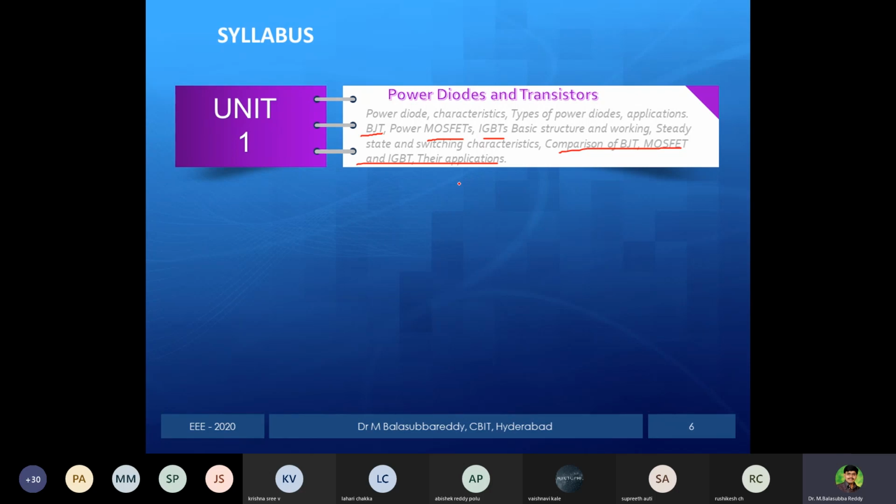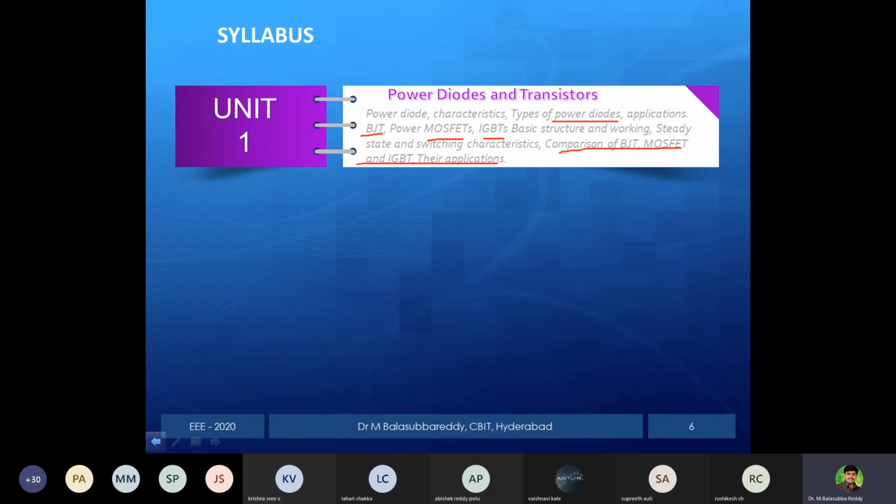I think some of you are aware of the basics of all these devices from the electronics subjects. But that one and this one are different. What you may have studied as BJT or diode is not a power diode or power BJT, power MOSFET. There is a slight difference in the structure itself.